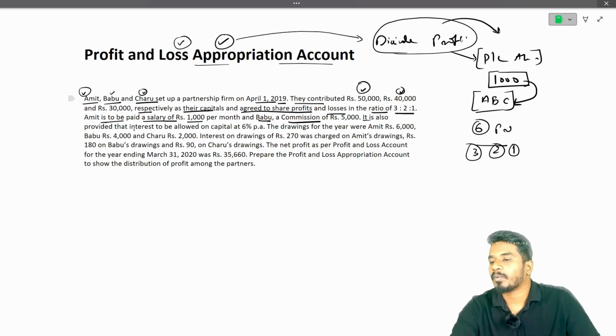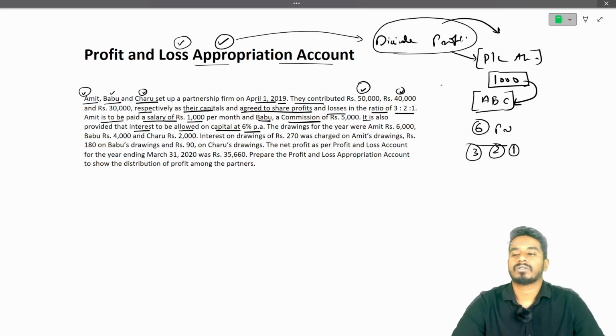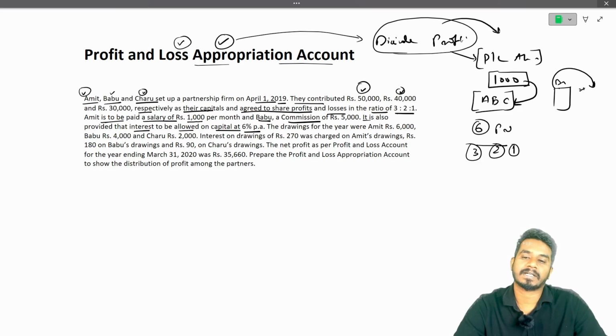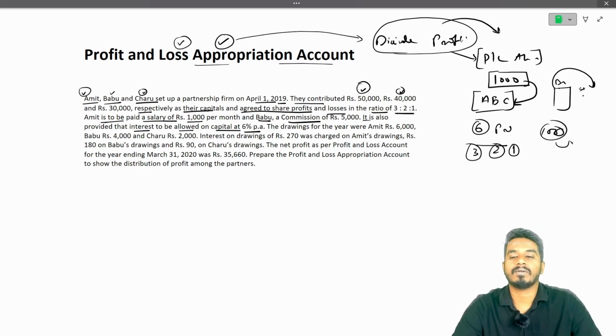It is also provided that interest to be allowed on capital 6% per annum. So if you keep money in the business, the firm needs to pay interest, correct? So if you keep some 1,000 rupees in the bank account, you will get interest of 6% per annum, something like 6% or 5%, some amount you will get.